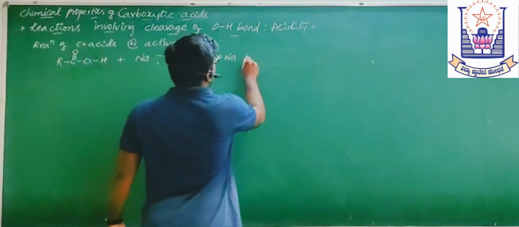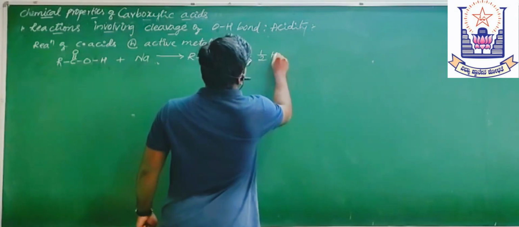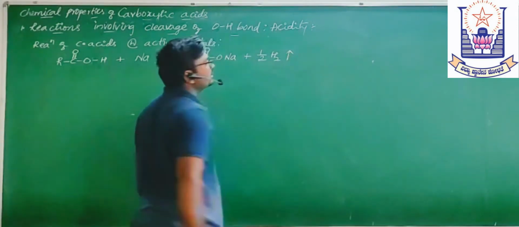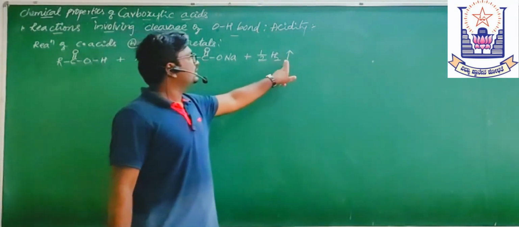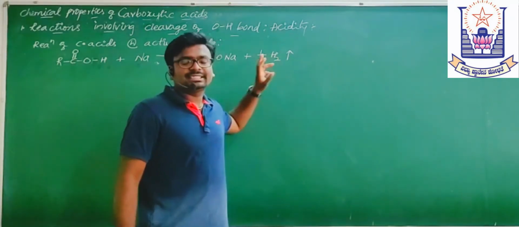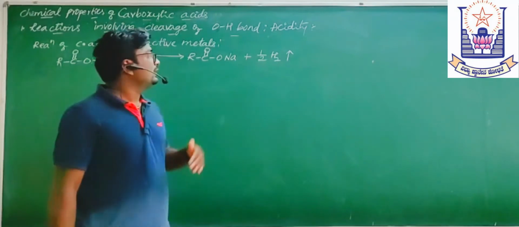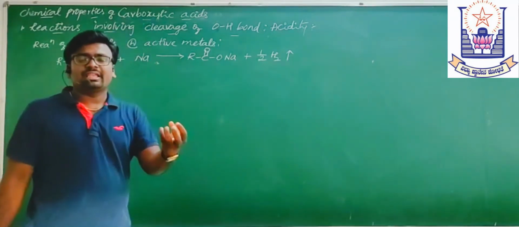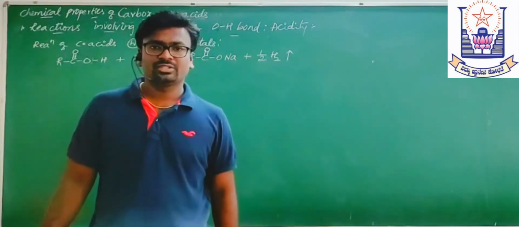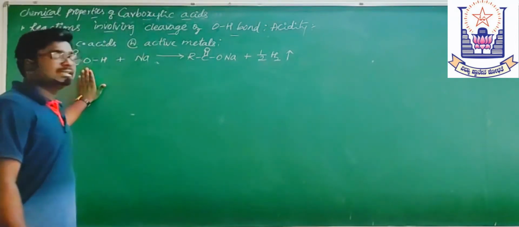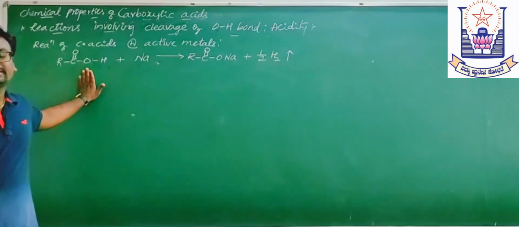That must be represented in molecular form, and this upward arrow mark indicates this is a gas, hydrogen gas. The evolution of hydrogen gas proves the acidity of the carboxylic acid.